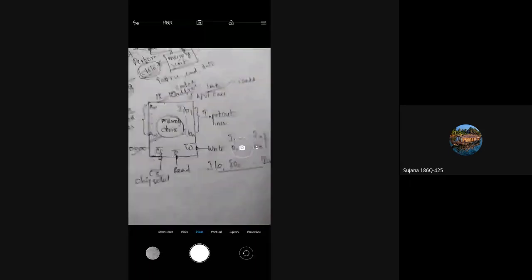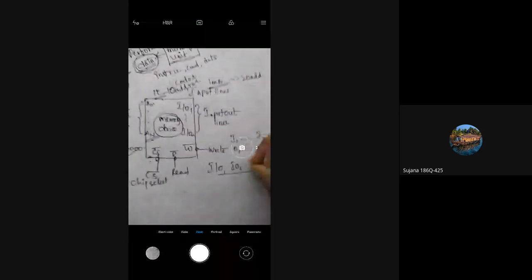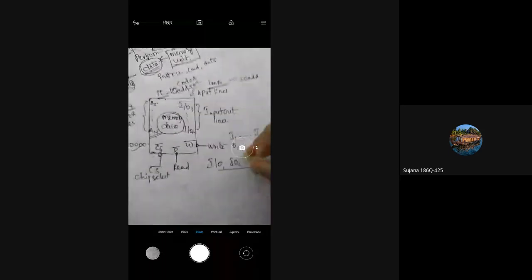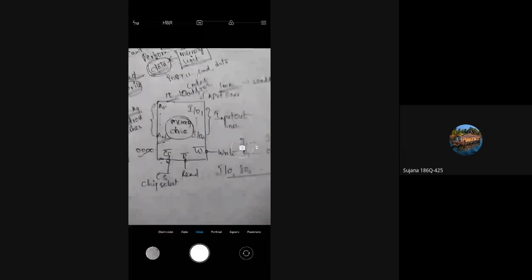So based on the type of memory device, some will have individual input and output lines, and some will have bidirectional input output lines, which means multiplexed input output lines.